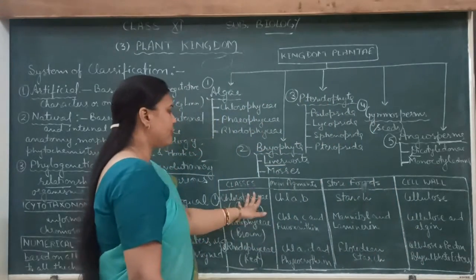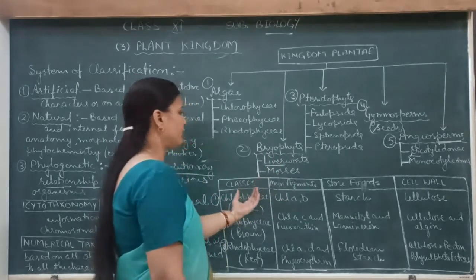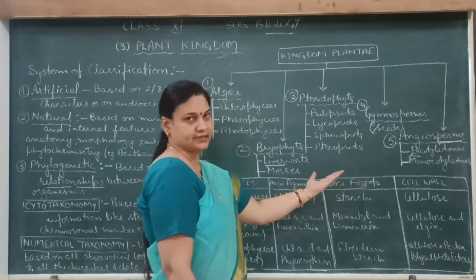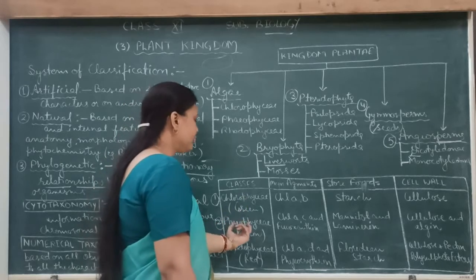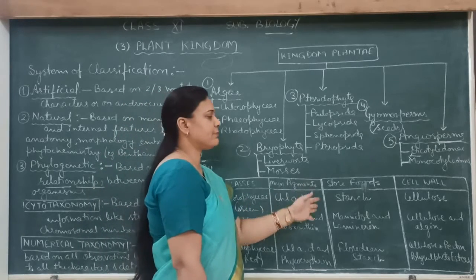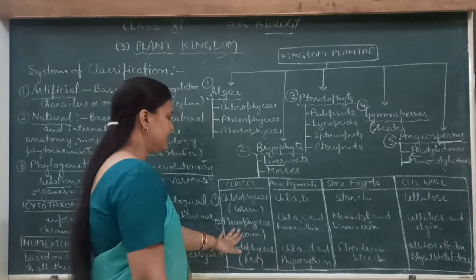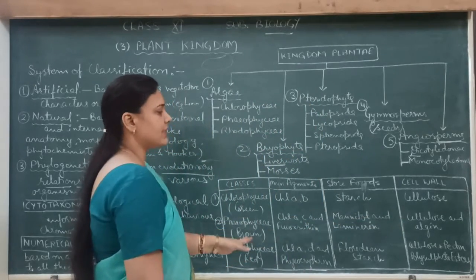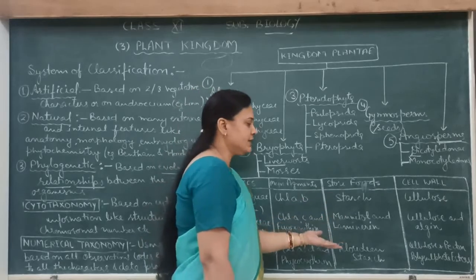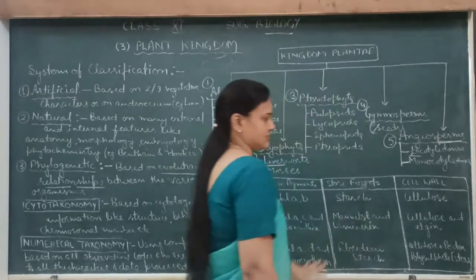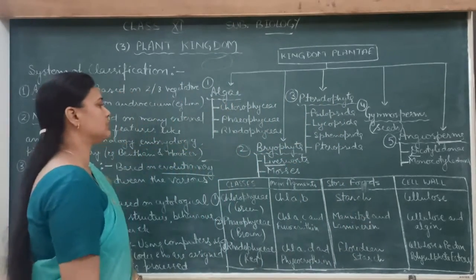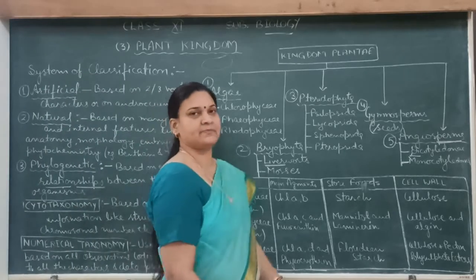In Chlorophyceae, only cellulose is present. In Phaeophyceae, the cell wall is made up of cellulose and algin. And in Rhodophyceae, the cell wall is made up of cellulose, pectin and polysulphate esters. So this is all about the algae. Thank you.